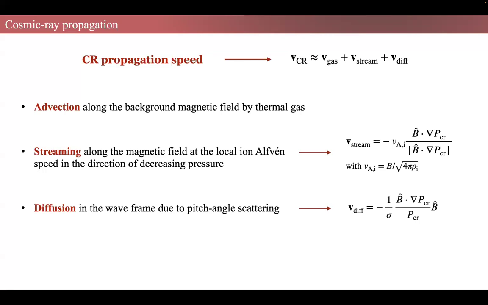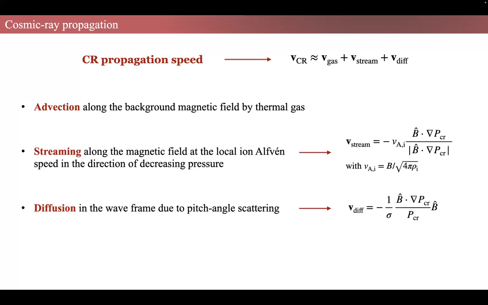First of all, cosmic rays are advected by the background gas because, as you know, magnetic fields are flux frozen in the gas. So if the gas moves, magnetic fields and cosmic rays move together with the gas. And then relative to the gas, the propagation of cosmic rays is a combination of streaming and diffusion along the magnetic field lines.